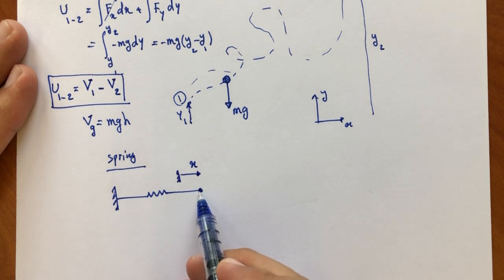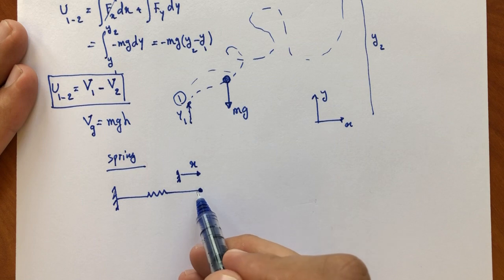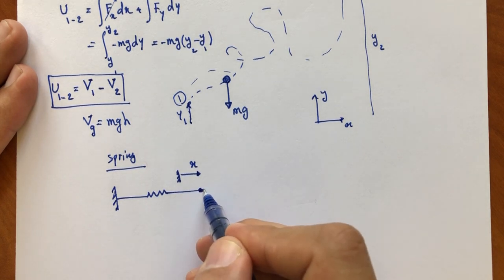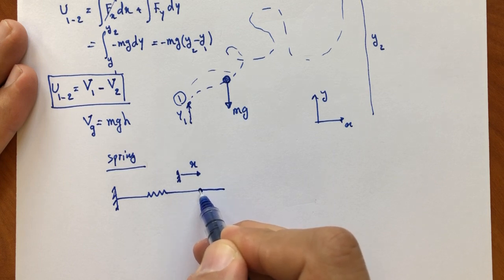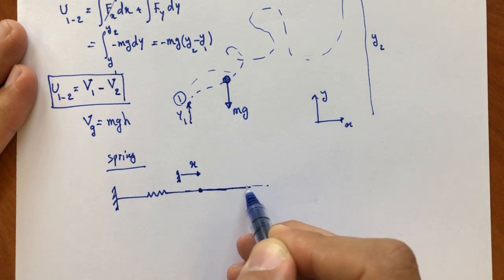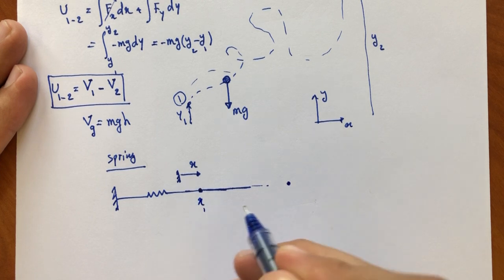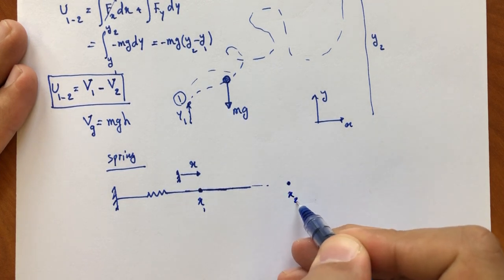If the end of the spring is here, the stretch is equal to 0. Let's say this is the beginning point, and I move it from this point on this path over here, then bring it back. Whatever you want to do, you can do. At the end, it comes here. This is x1, the initial point, and this is x2.